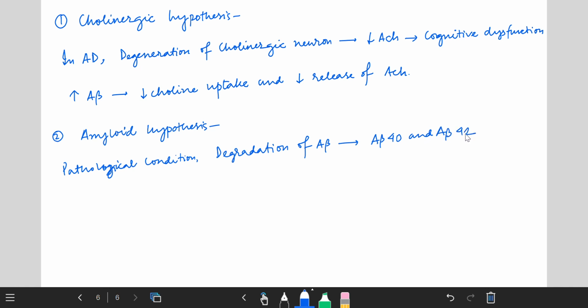And if there is an increase in the ratio of these two peptides, it induces amyloid fibril formation, which leads to neurotoxicity.